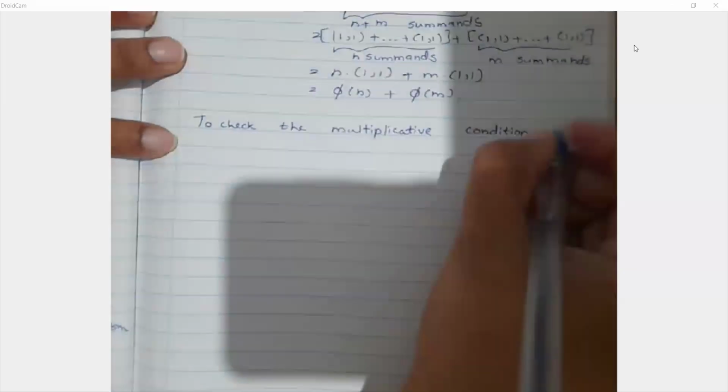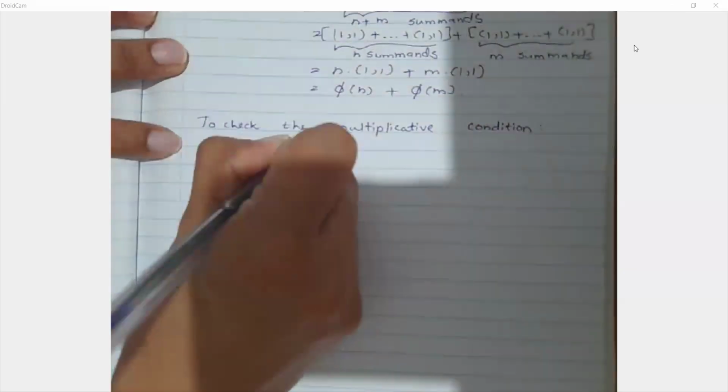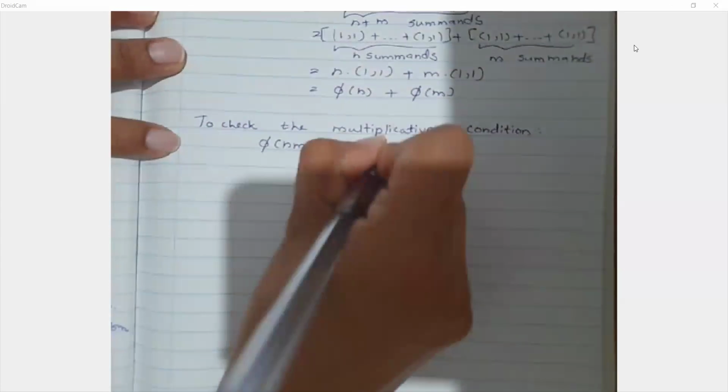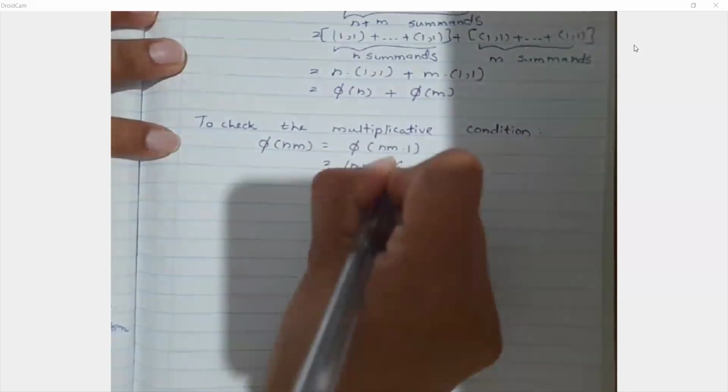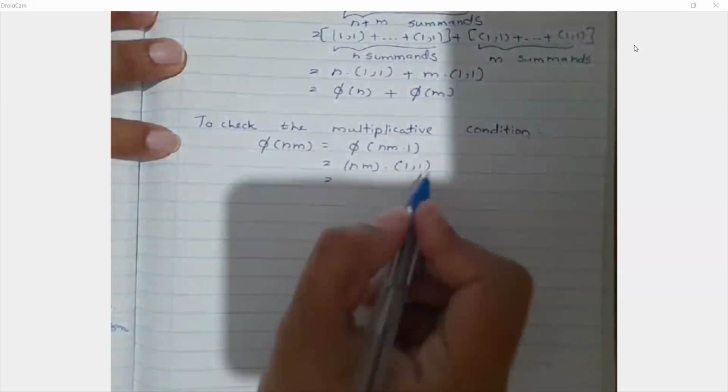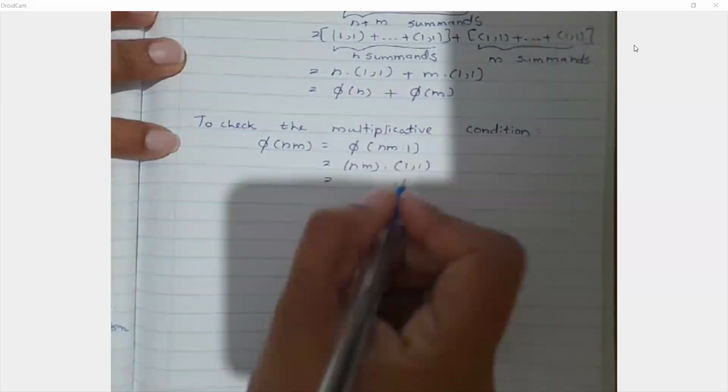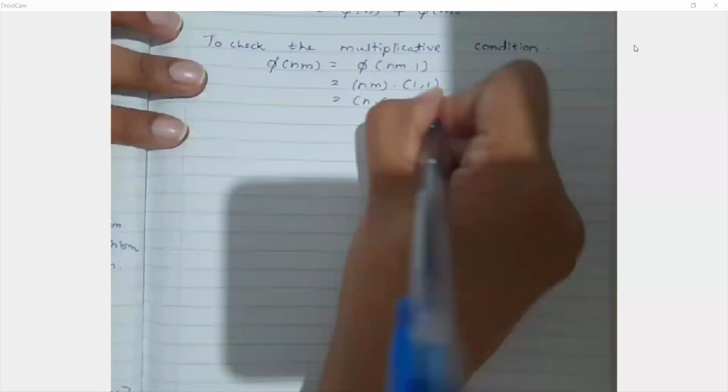To check the multiplicative condition, let's take phi(nm). This, by definition of phi, is nm times (1,1), the element that you take from the direct product. In order to solve this, we refer to the remark which we stated earlier. nm times (1,1) we can write as n times (1,1) times m times (1,1). So n times (1,1), which is the unity in this group, times m times (1,1).